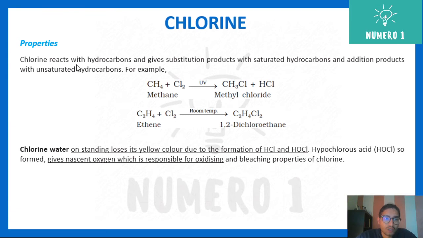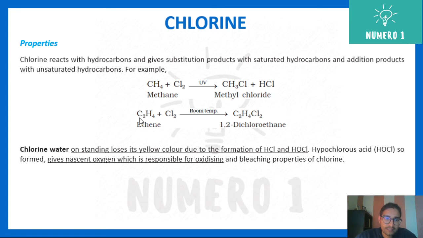Next, chlorine reacts with hydrocarbons and gives substituted products with saturated hydrocarbons and addition products with unsaturated hydrocarbons. You can see methane with Cl2 and UV gives methyl chloride. If you remember, this UV reaction undergoes a free radical mechanism, so you are replacing one hydrogen with chlorine.